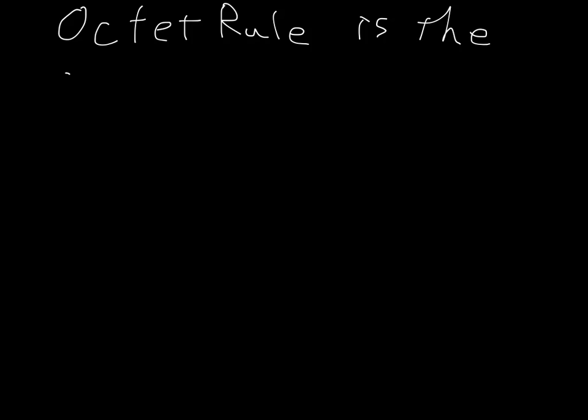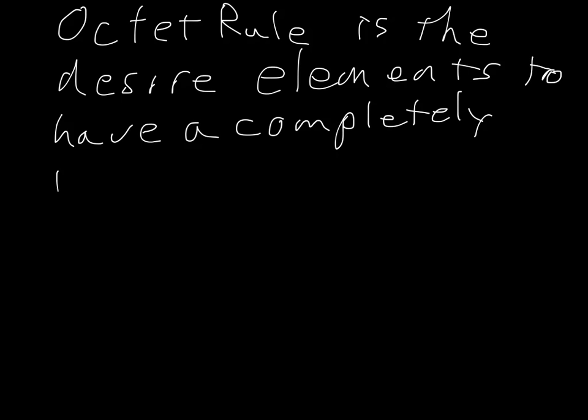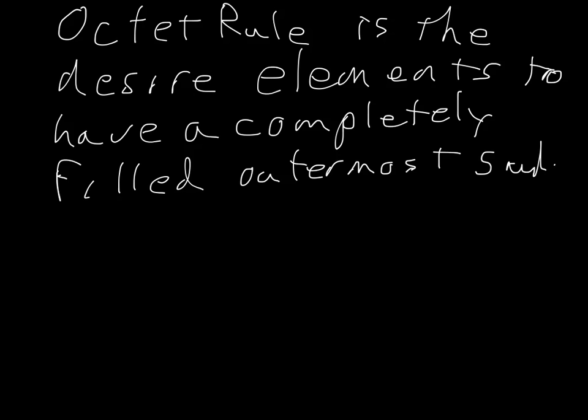In order to understand how we're going to construct Lewis structures, it helps to quickly remind ourselves of the Octet Rule. Remember, the Octet Rule is the desire of elements to have completely filled outermost s and p subshells.